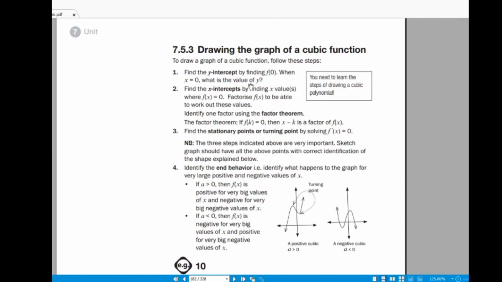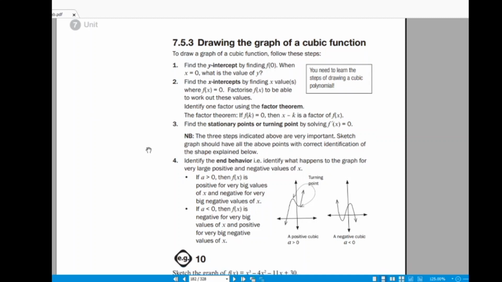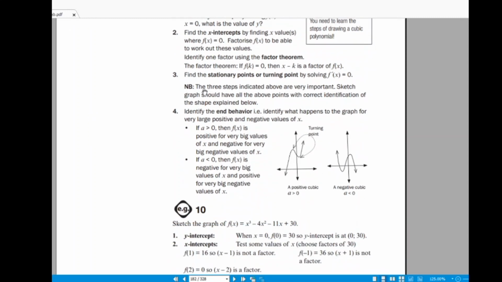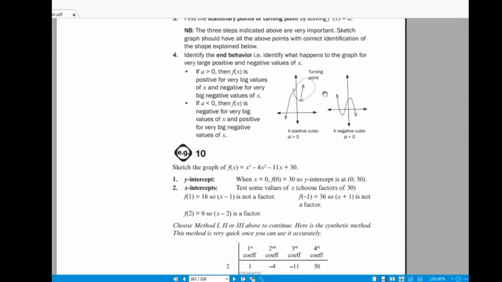As we did in the example, you need to find one value and then use that value in long division, or maybe use other methods, you can proceed in the way you prefer. But I would find one factor and then use that factor as a divisor, and then do a long division method to find the other factors, right? And then after you have your x-intercepts, you can find your turning points by solving f prime x equals 0.